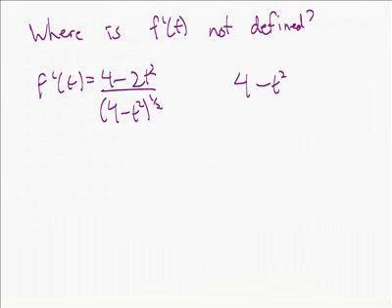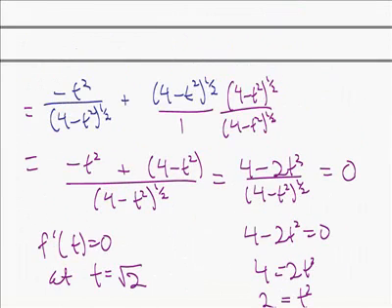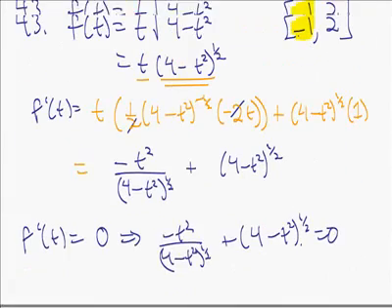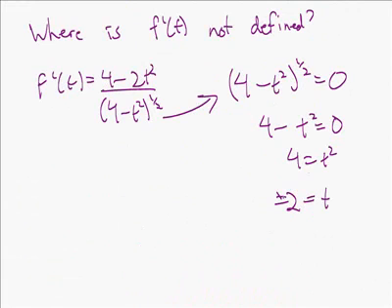So we're asking, where does 4 minus t squared to the 1/2 equal 0? Wherever our denominator is 0, we're not defined there. If we square both sides, we're just looking for where 4 minus t squared is 0. That's where 4 is t squared, where t is plus or minus 2. Positive 2 is in our interval, but negative 2 is not. So we're going to throw out negative 2 and just take the positive.